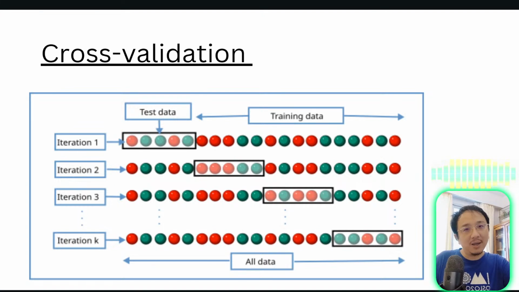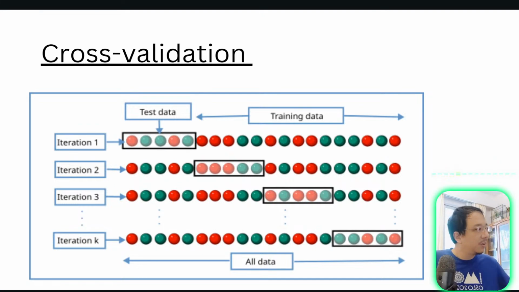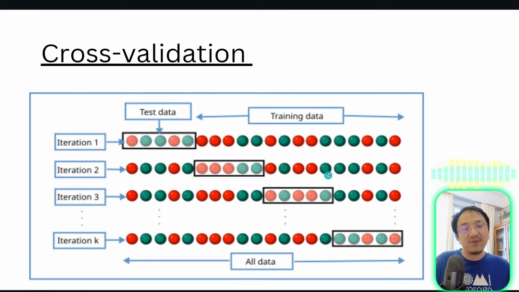It happens a lot because sometimes we are dealing with cases where something is very rare but important, and there is a high probability that we choose a very bad validation set. With cross-validation, it becomes more fair.